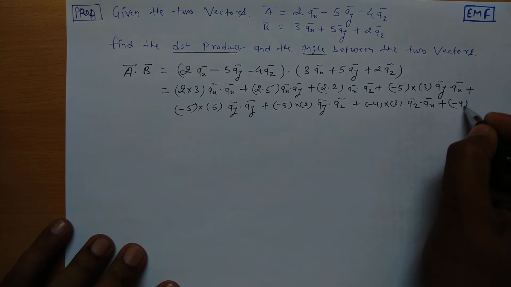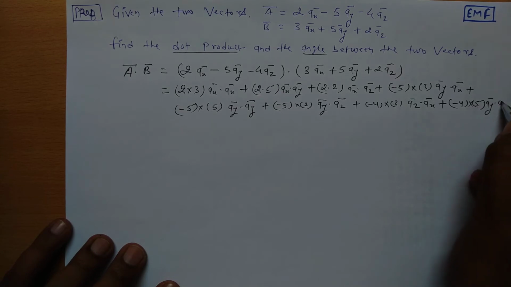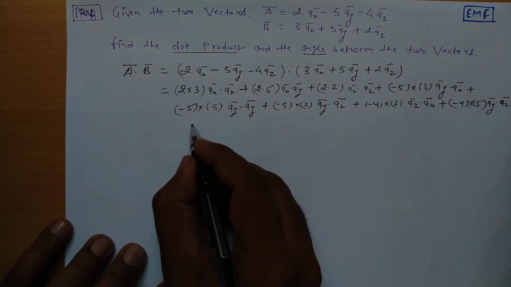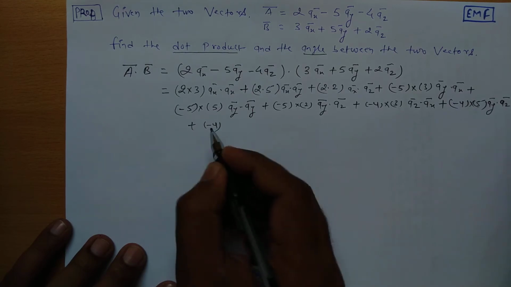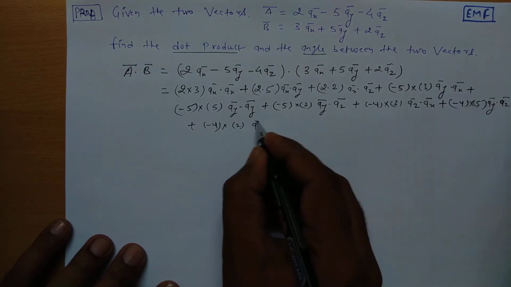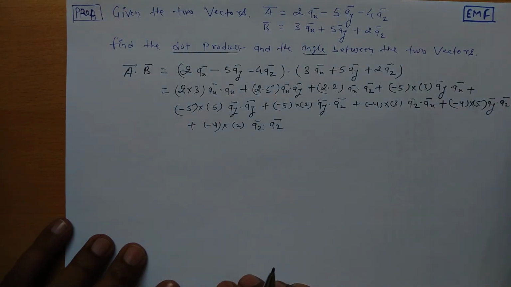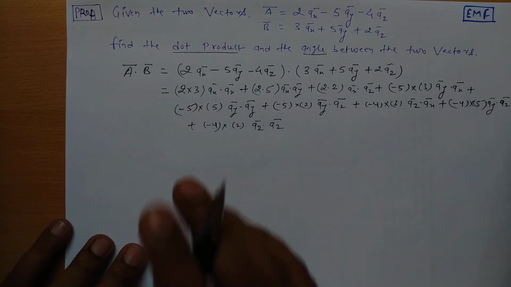Next, minus 4 into 5, this will be az dot ay. And the last one will be minus 4 into 2, this will be az into az, right.